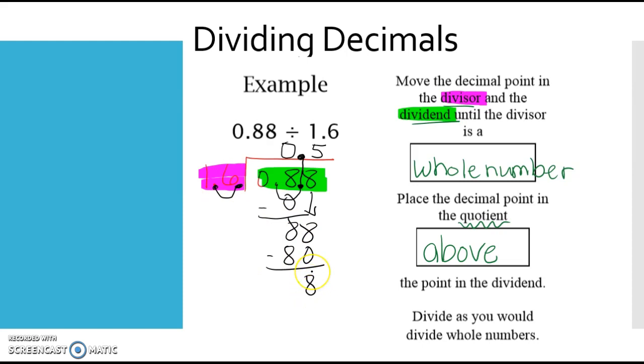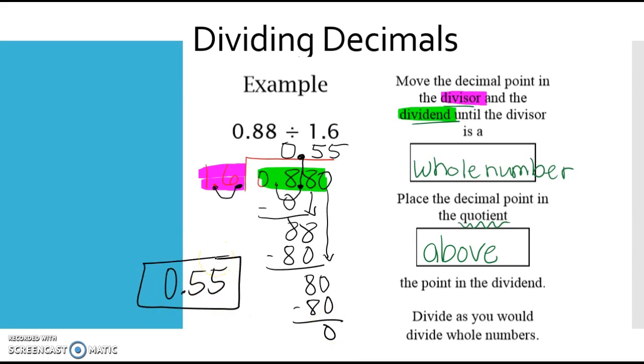We still have 8 left as our remainder, but we don't want a remainder. We want to keep dividing until this ends. So we're going to add a 0 to the end of our dividend so we can drop that down. 16 goes into 80 5 times evenly, and we are left with no remainder. So our final answer here is 55 hundredths.